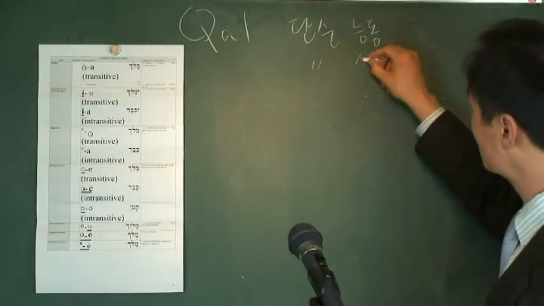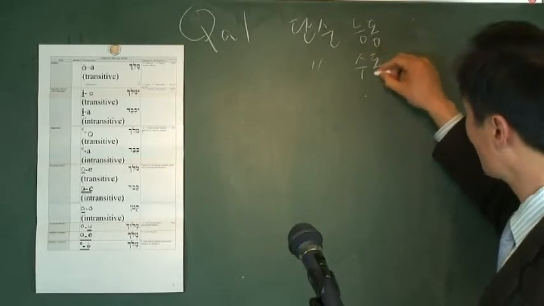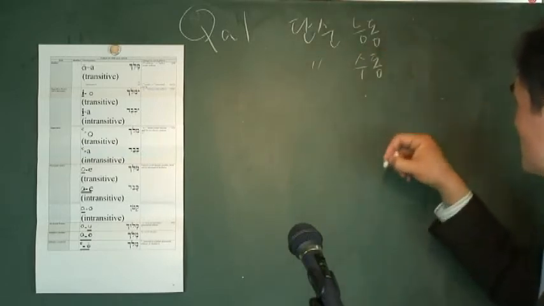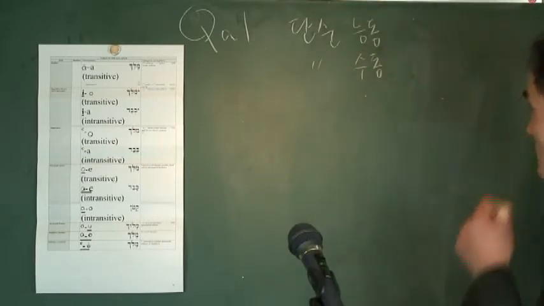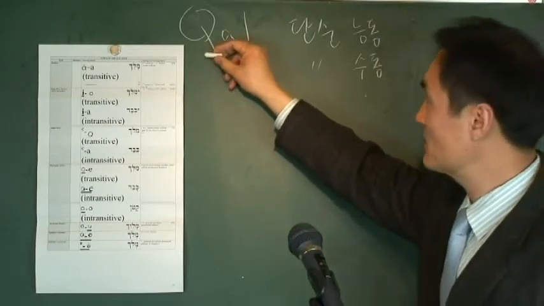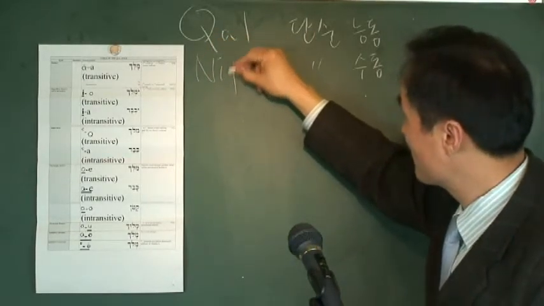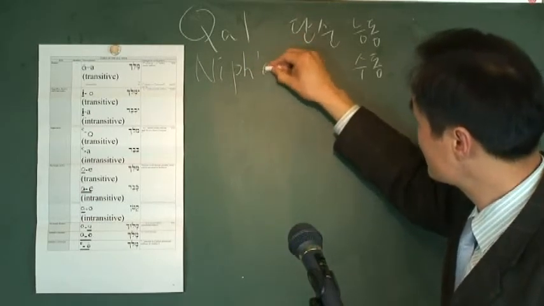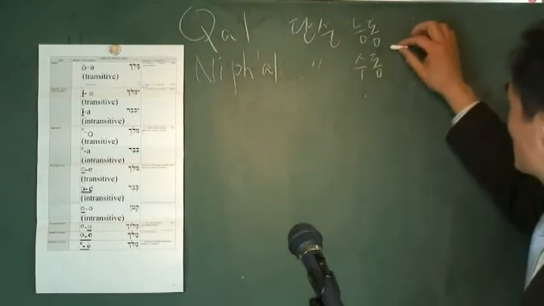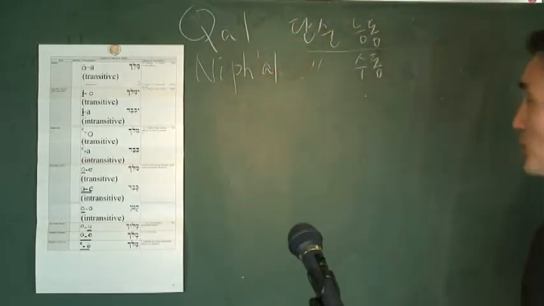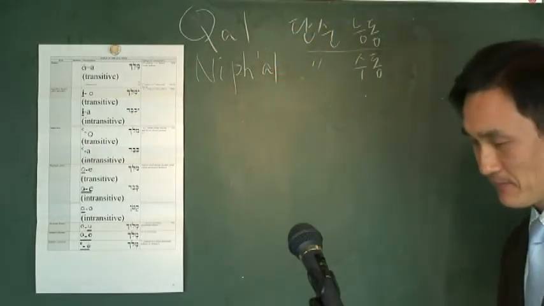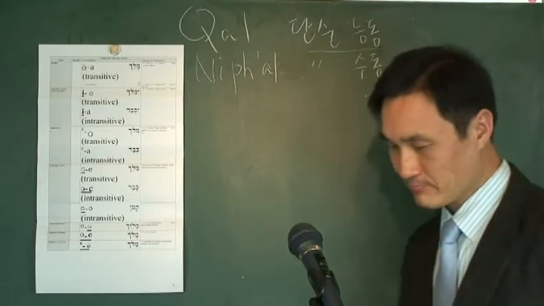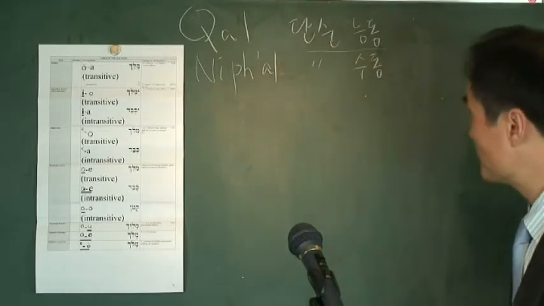It can also have a passive voice. A simple passive voice. We call this the nifal stem in Hebrew. The simple active voice can be intensified.